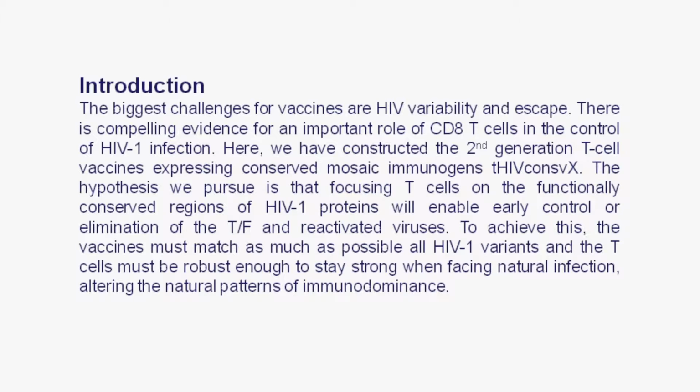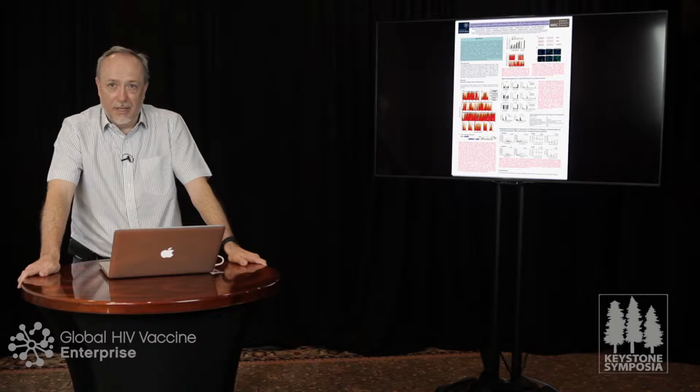Our strategy is to focus the immune responses on the most conserved regions of HIV. This is because these most conserved regions are common to most global HIV variants, and also mutations in them, if HIV tries to change them and escape, cause replicative fitness loss.